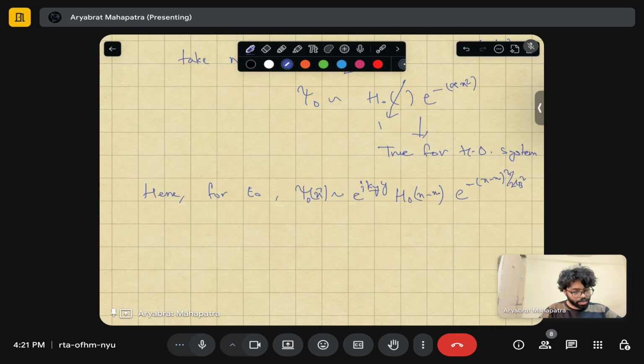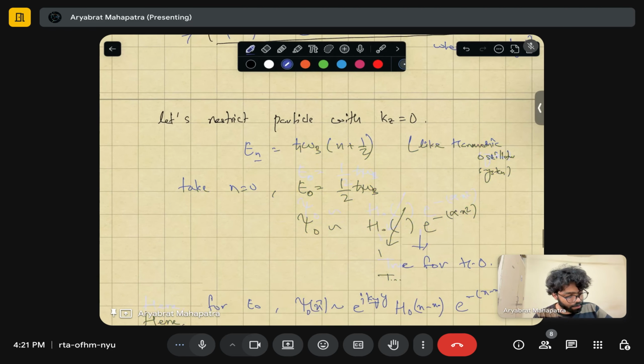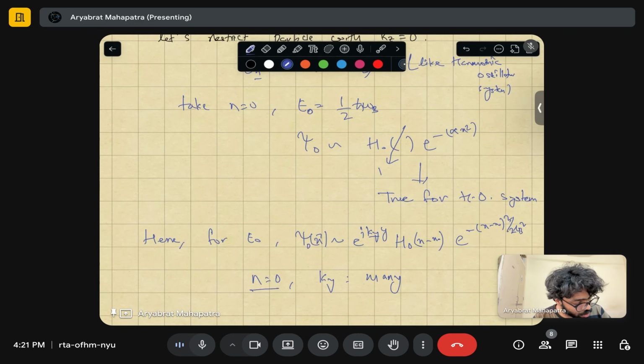which means, for n equals to 0, ky can have many different possible values. So ky is also your quantum number. So for energy n equals to 0 in the wave function, even if you restrict n equals to 0, ky is your quantum number.